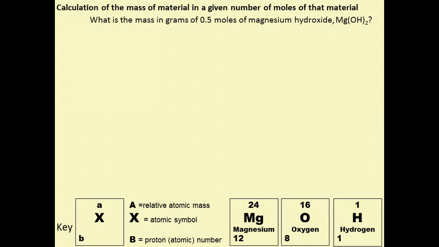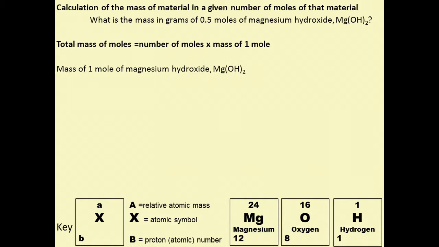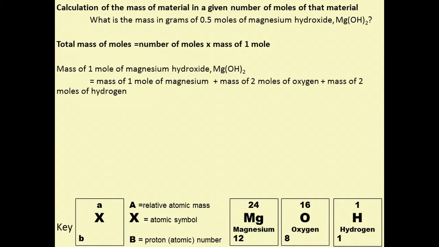Stage 1: write down our key equation. Stage 2: work out the mass of 1 mole of magnesium hydroxide. Obviously take care when you're working out the mass of 1 mole of magnesium hydroxide to make sure you multiply by 2 the mass of 1 mole of oxygen atoms and also the mass of 1 mole of hydrogen atoms.